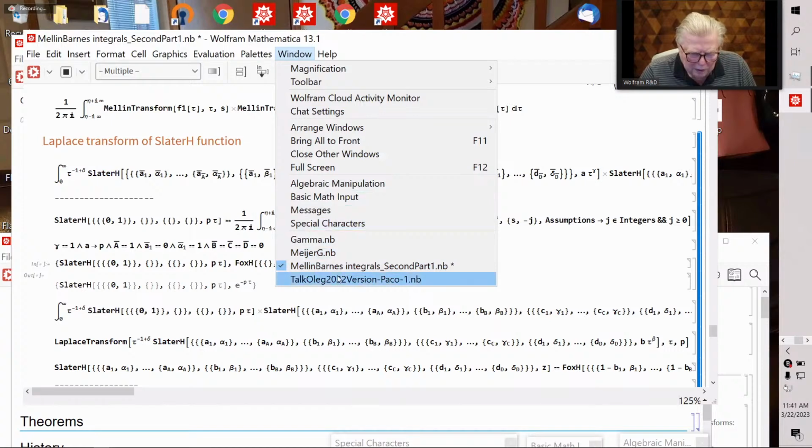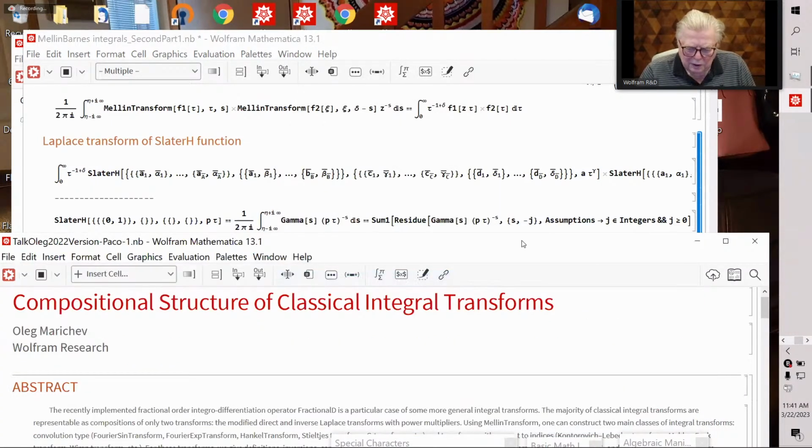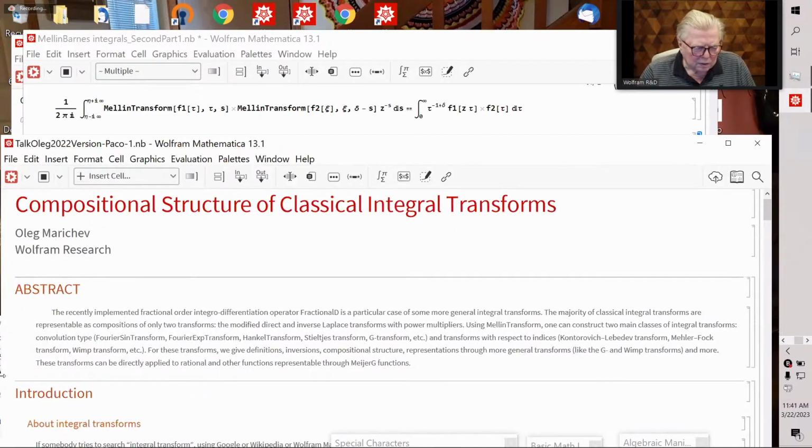Okay. Here I should mention that we may talk about compositional structure of classical integral transforms on conference half year ago.